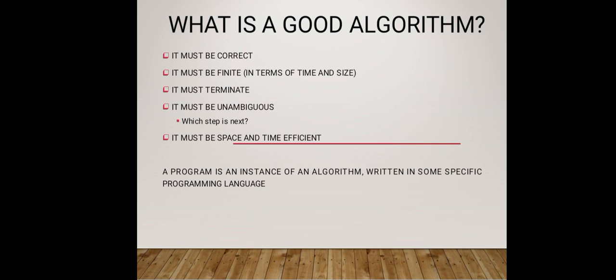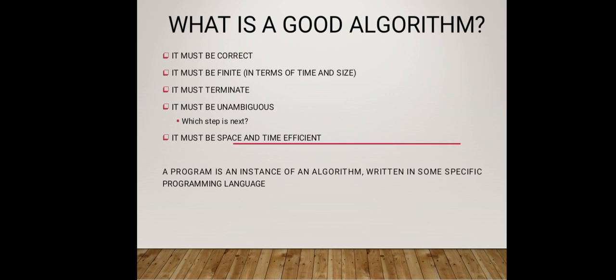It must be finite, in terms of time as well as size. Then it must be terminating and unambiguous. Then the last point is that it must be space and time efficient, meaning that it should be able to last for a longer period of time.